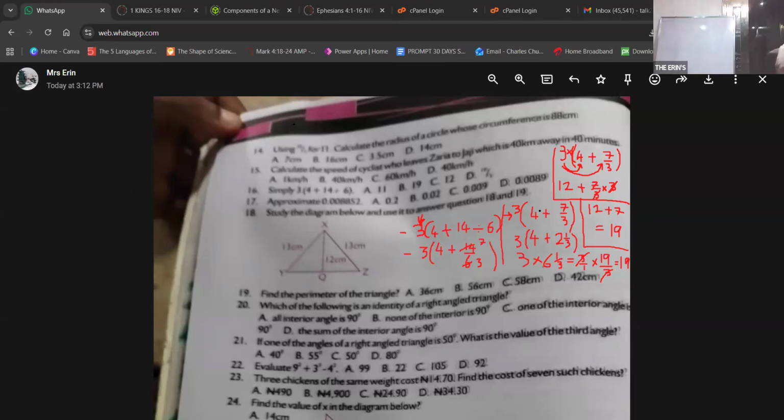Three decimal places. 0.008885. Three decimal places. That would be 0.